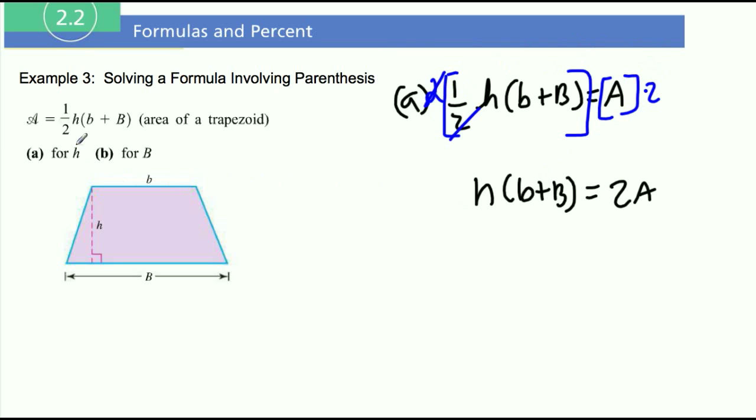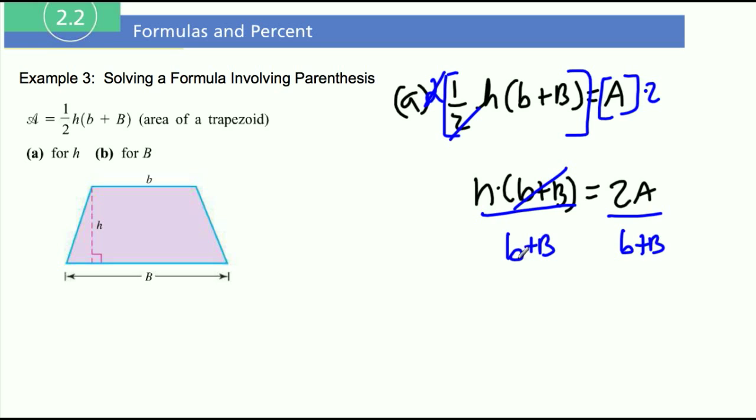Now I'm trying to solve for lowercase h. So check this out. Since the quantity lowercase b plus capital B is a quantity, meaning that it's together, it's in a group, and the operation is multiply, I can get rid of b plus B all in one swoop, meaning I can divide both sides by b plus B. You see that there?